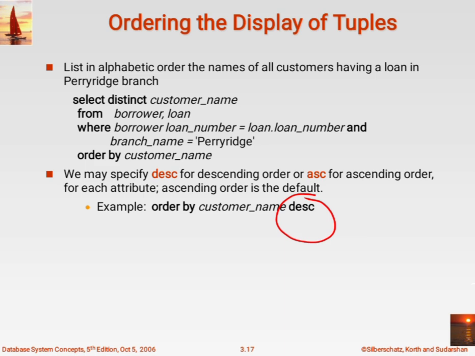So in the order by clause, by default the data gets sorted in ascending fashion, but if we need to sort in a descending manner, then we must write DESC, so that the data will get sorted.